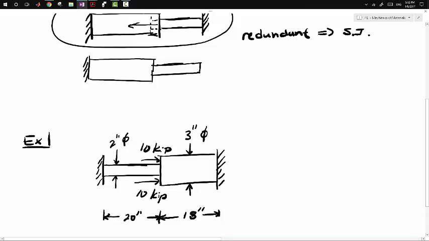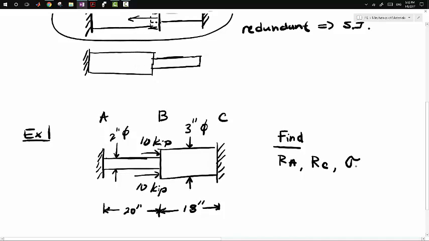And we're asked to find, we'll call this A, B, C, the reaction at A, the reaction at C, the axial stress in member AB, and the axial stress in member BC.